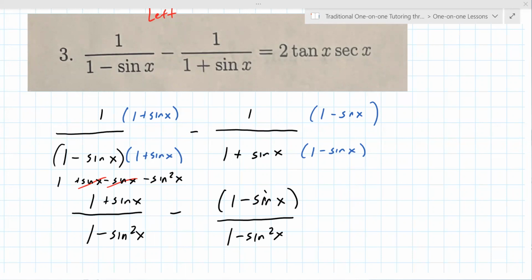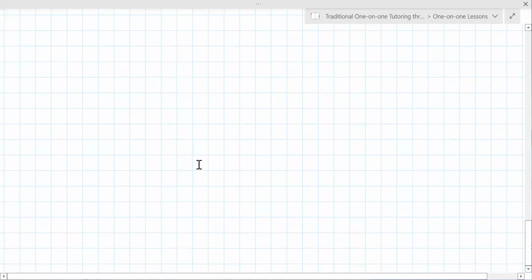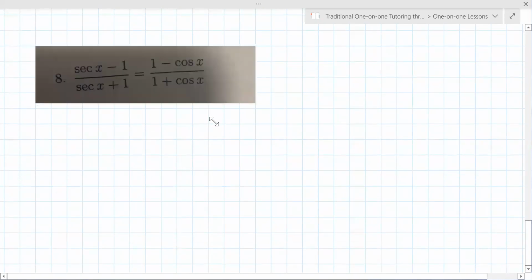Okay, let's look at number 8. I guess we'll look at 8. We can work on any of them. I'm just sort of picking randomly, and then I figured around the 30-minute mark, we'll go solve some.